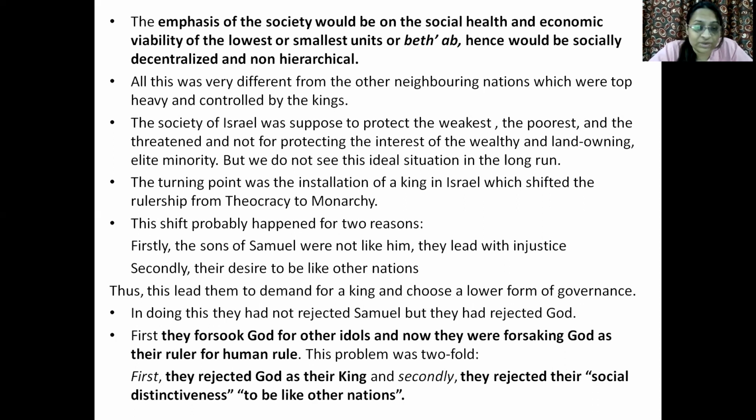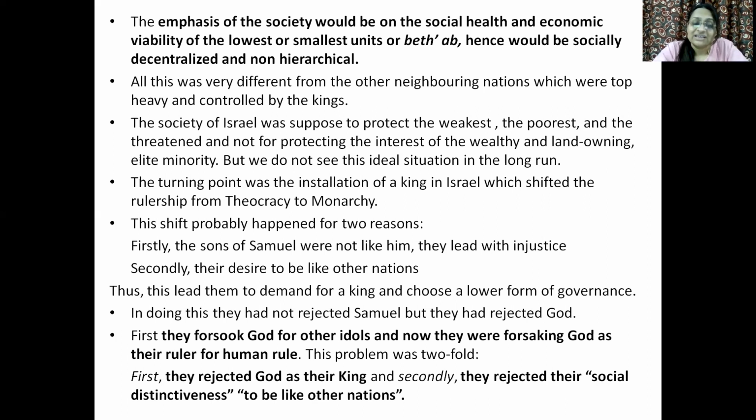They did not want them to become their ruler or leader after Samuel. The second thing was their desire to be like the other nations. So these are the two reasons why they asked for a ruler over them, or a king over them, or a monarchy.